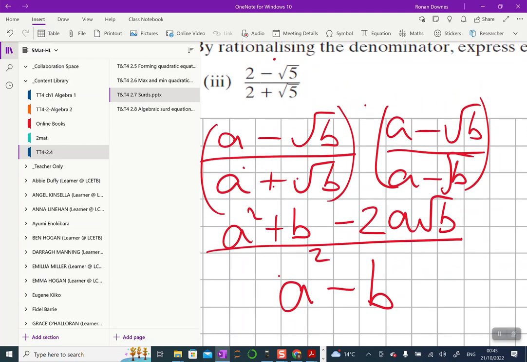So we have 9. Well, we have 4 root 5 minus 9. And is that what it says in the calculator? It is.